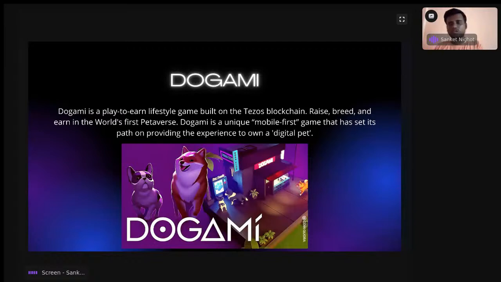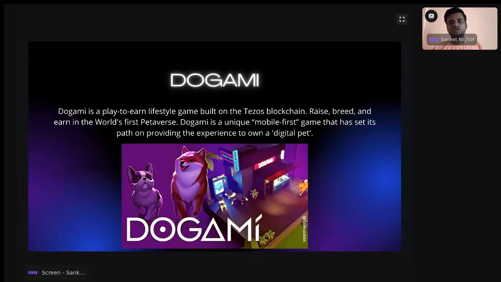You can own the pets there, then you have to feed them regularly, and then you can breed them and produce new Dogas, that means the pets or the NFTs, and you can own them.